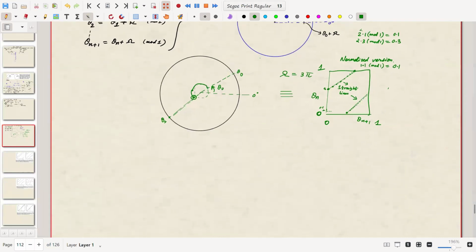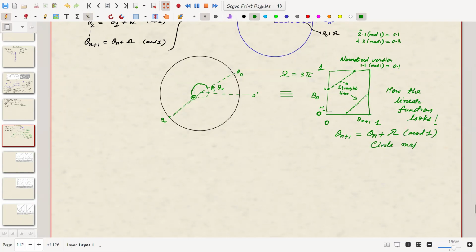This is how the linear function looks. This is the mapping for theta n plus 1 equals theta n plus omega mod 1, the circle map. Circle mapping.